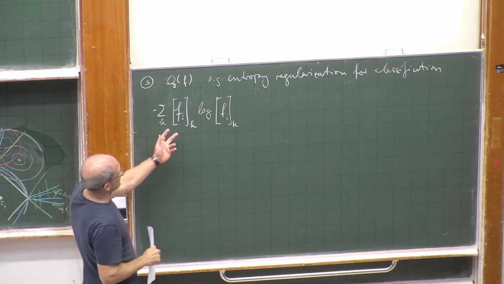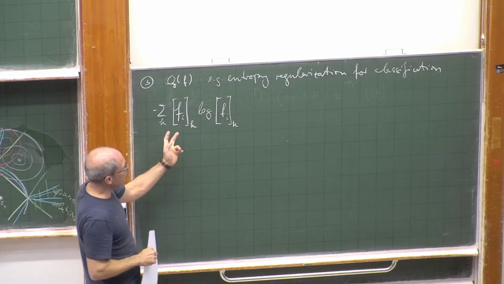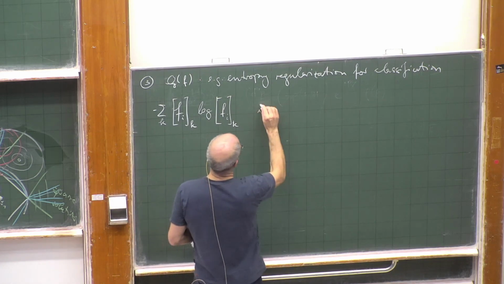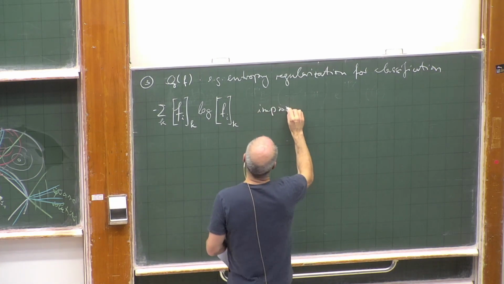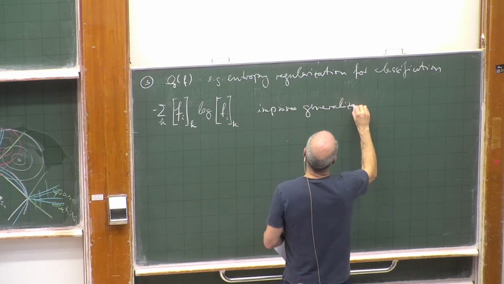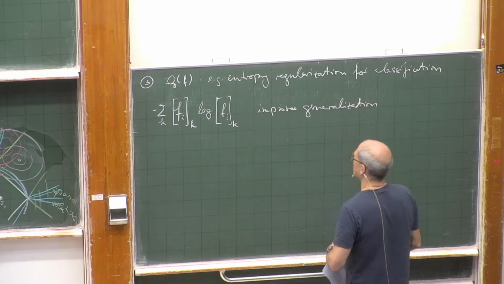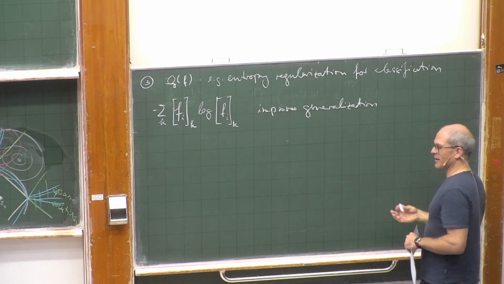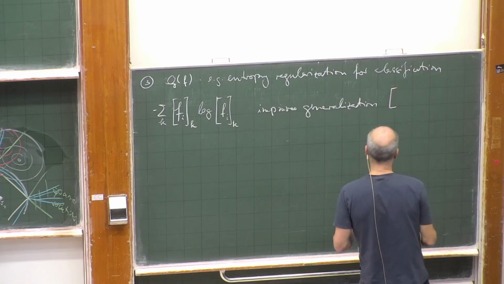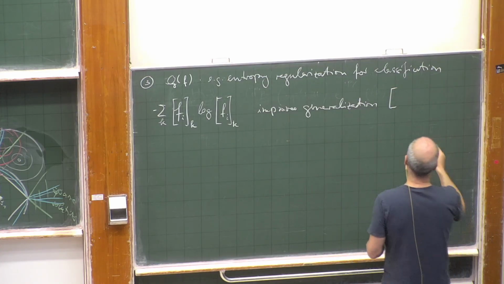And this helps reduce the overfitting and improves generalization. So you force the network to become a little bit less confident in the predictions that it makes. And it's a really simple trick to use.